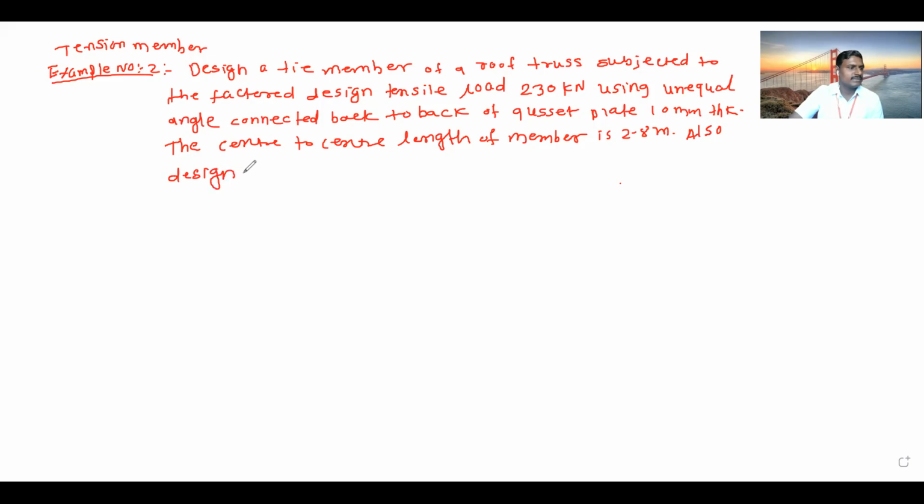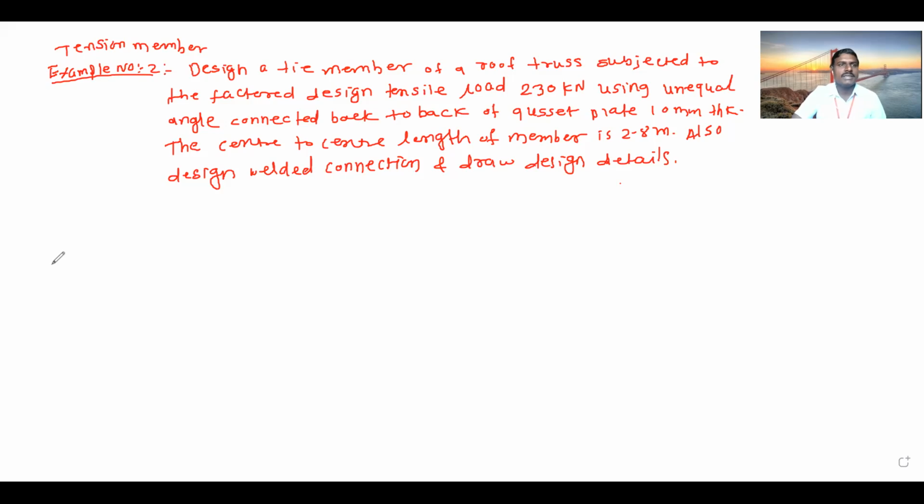Also design welded connection and draw design details. So this is the second example, which is based on the design of the tension member.